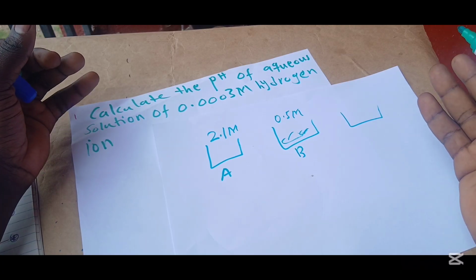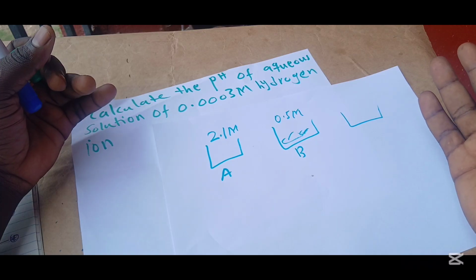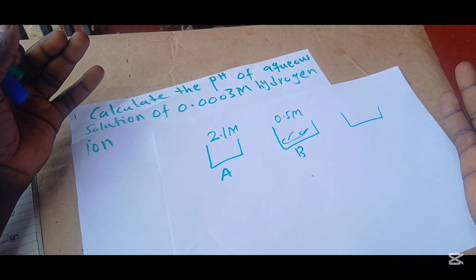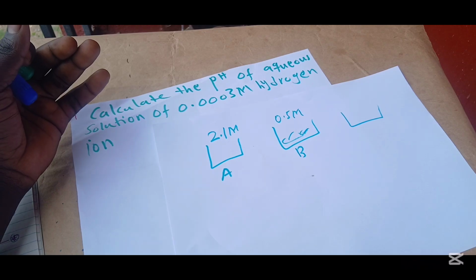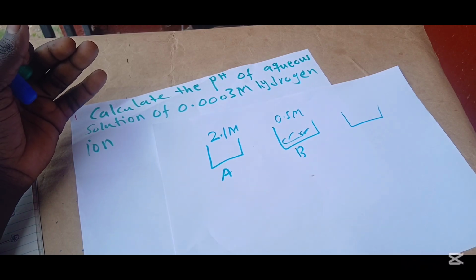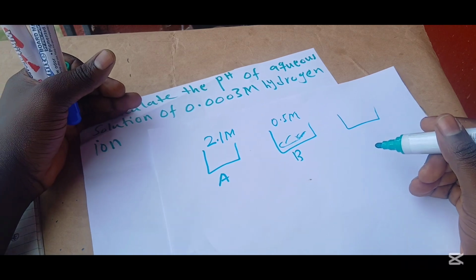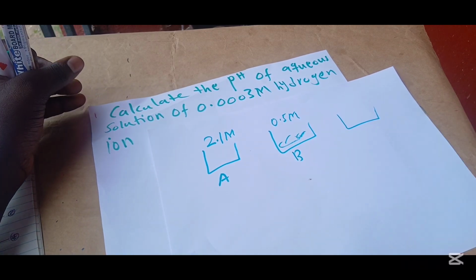So there is a need for us to be able to provide a numeric value for acidic or basic substances. A neutral substance is just a neutral substance. So that is the reason why we want to learn the calculations of pH and pOH.